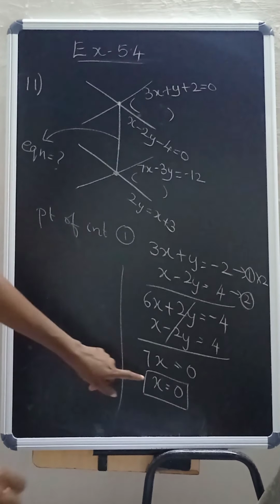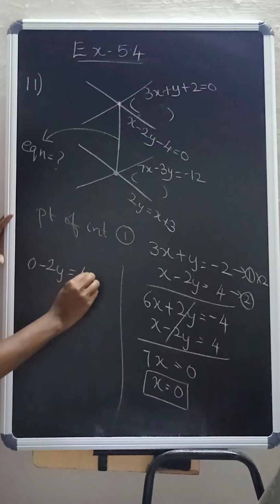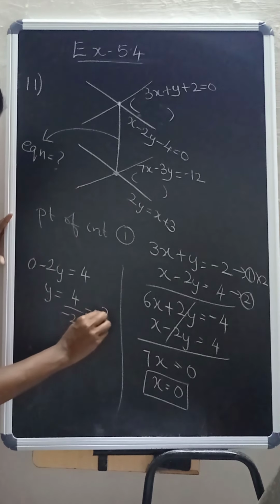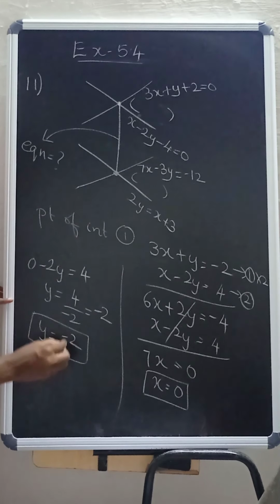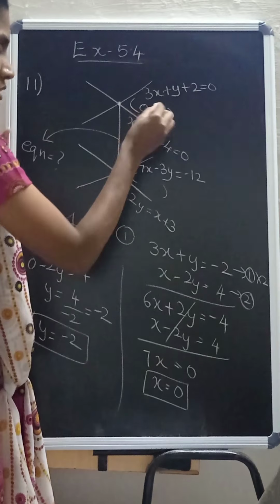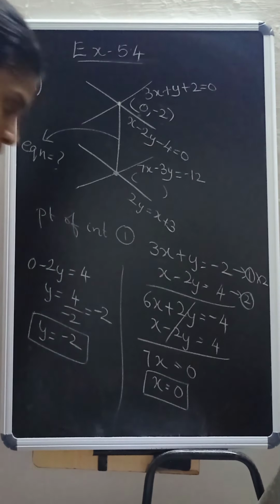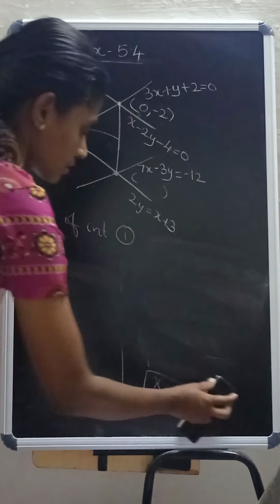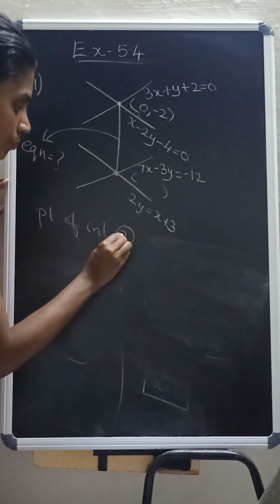Now substitute x is equal to 0, so y is equal to minus 2. So the first point of intersection is 0 comma minus 2. Next, the point of intersection of the second pair.